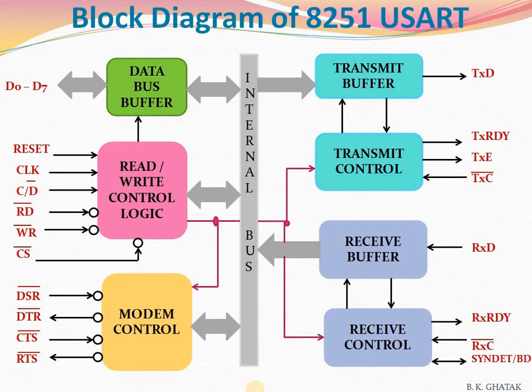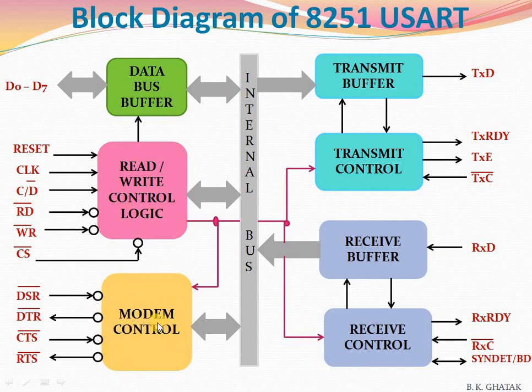Now look, this is the basic block diagram of 8251 USART, or the internal architecture of 8251. Clear? We can easily see a block known as data bus buffer, another known as read write control logic, next one is modem control.